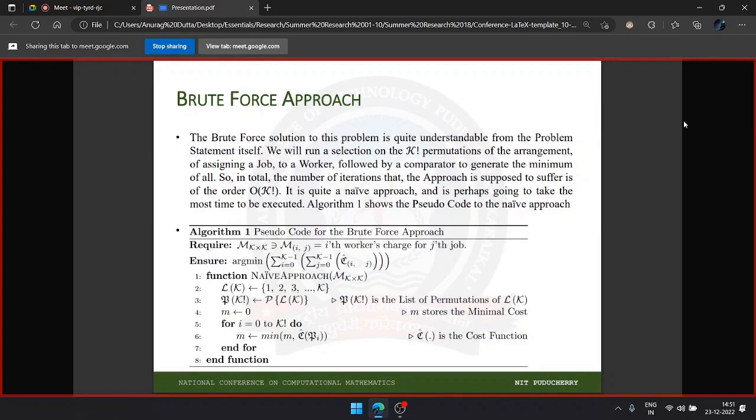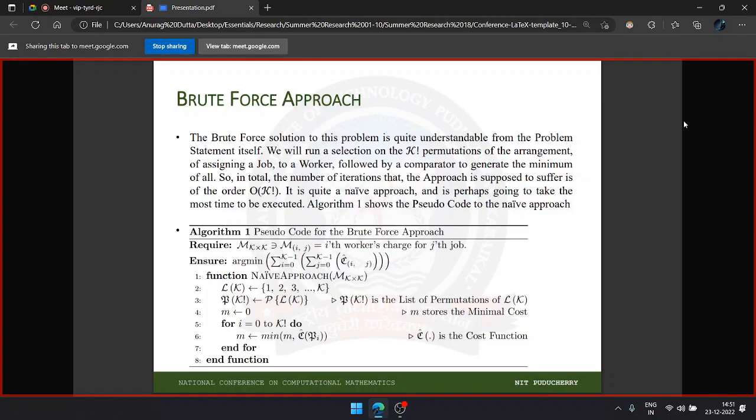The brute force approach is the naive approach that comes to our mind whenever we see this problem. Since there are k workers and k jobs, we could run a selection on the k factorial permutations of the arrangement of jobs or the workers, followed by a comparator to generate the minimum of the cost of all.